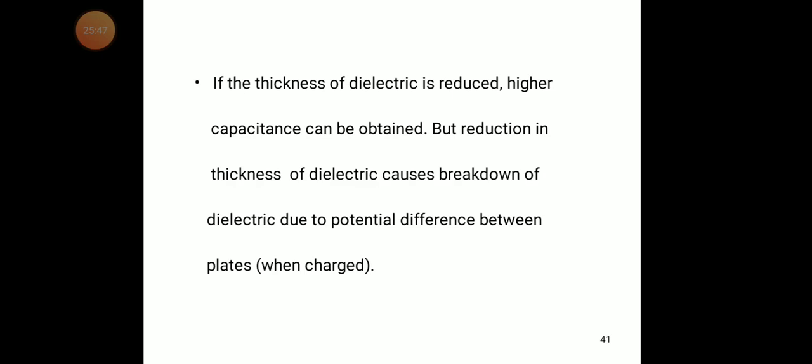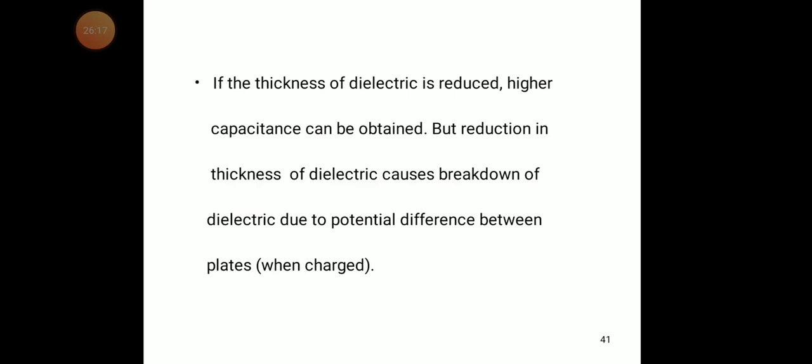If the thickness of the dielectric is reduced, higher capacitance can be obtained, but reduction in the thickness of the dielectric causes breakdown of the dielectric due to the potential difference between the plates when charged. The meaning is, we need to choose the dielectric thickness in the proper way.